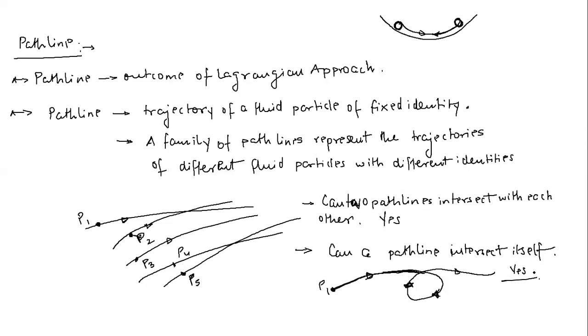Can anyone guess in what kind of motion you might have observed this kind of behavior? Turbulent. Let's say I placed water in a bowl, correct, and I want to generate the path line. I want to test whether the path line intersects itself or not.